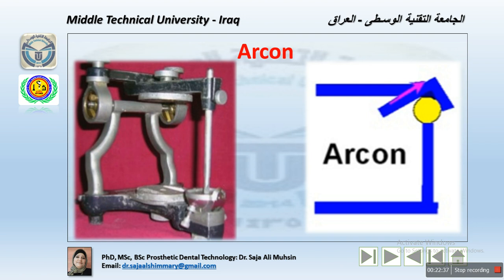As we mentioned previously, the mandibular condyle, and the condylar guidance is represented by the glenoid fossa. So you can imagine where in this type of articulator, as arcon or non-arcon, the condylar element is attached to whom? To the lower or to the upper member. This is the main difference between them.